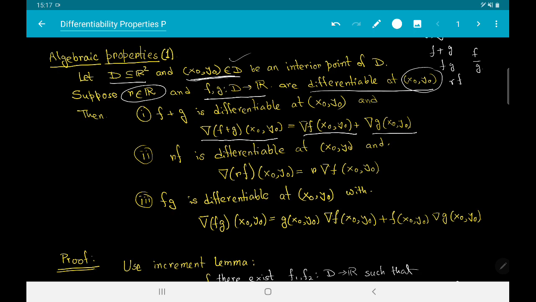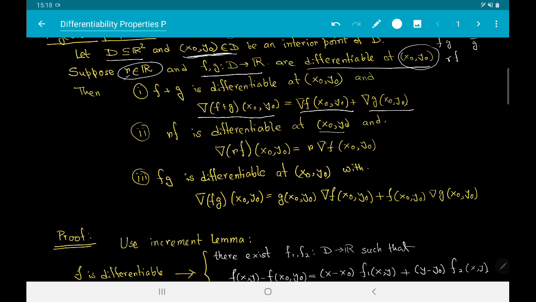Now, if f is differentiable and r is a real number, then rf is differentiable at the point x0, y0, and a similar gradient formula comes here.